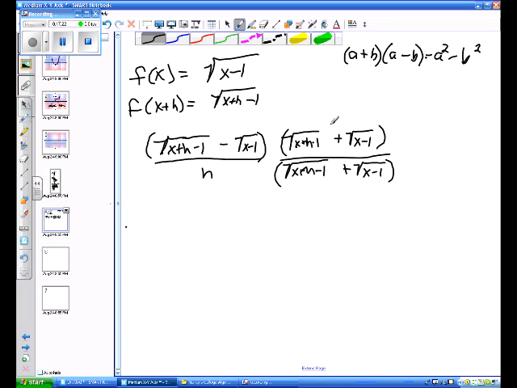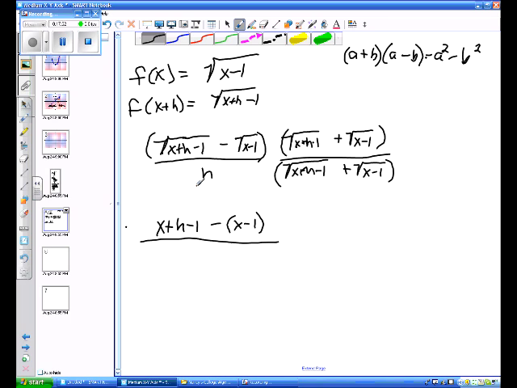So all we're going to have to do is take our a squared, which when we square the square root of x plus h minus 1, we're going to get x plus h minus 1. Now, it's a minus, and then that last term squared, which we'll need to put parentheses because there's two terms, x minus 1.